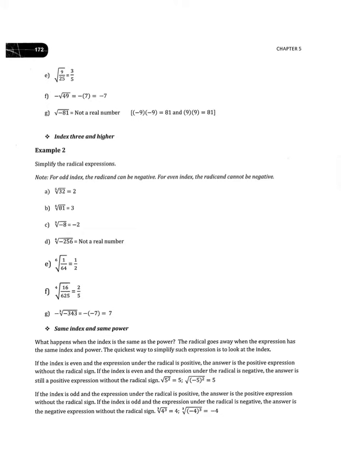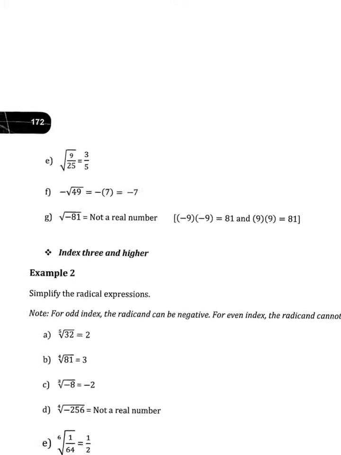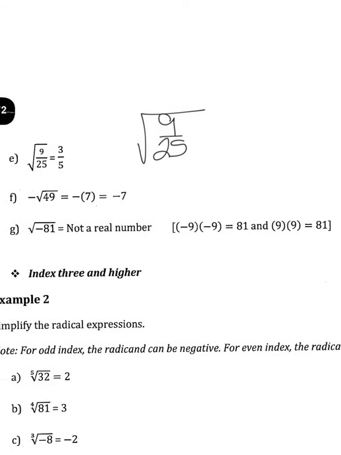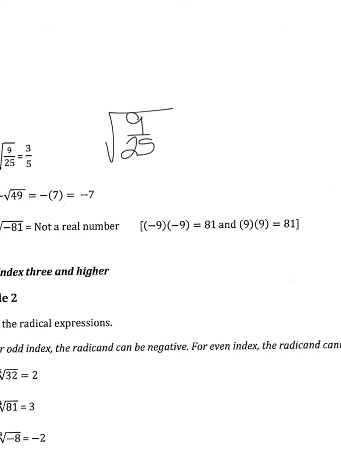Here on the next page, the first example we see is actually, I'm going to rewrite this example, the square root of a fraction. And I know a fraction can be scary for some people, and a lot of you will avoid the fractions when you see them, but it doesn't have to be as difficult as it looks. It really is the same as looking for the square root of the numerator and the denominator separately.